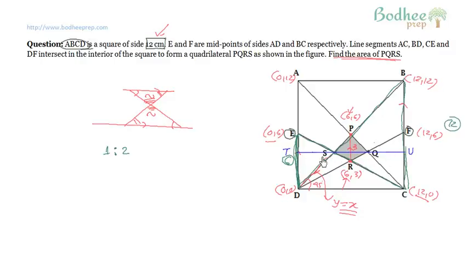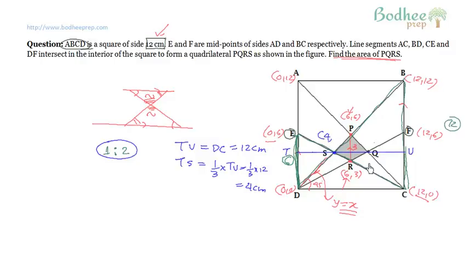And these heights should also follow the same ratio, that is, 1:2. Now TU is equal to DC, which is 12 centimeter. So TS should be 1/3 of TU, which is 1/3 of 12, which is 4 centimeter. So the x coordinate of point S is 4.